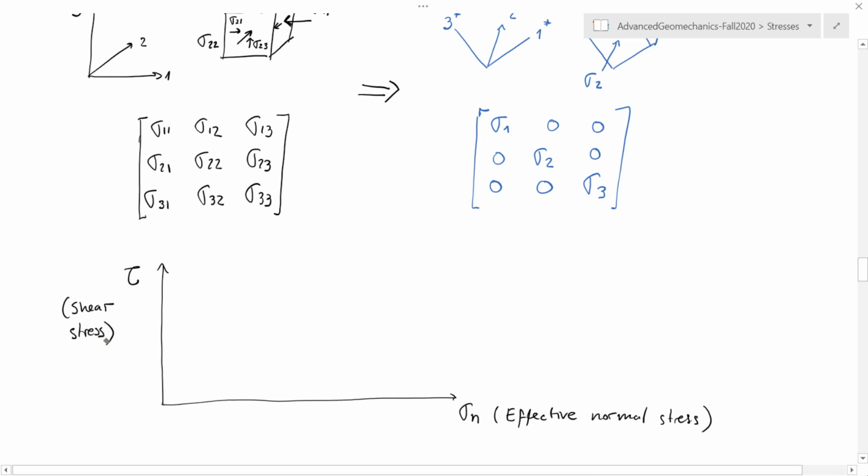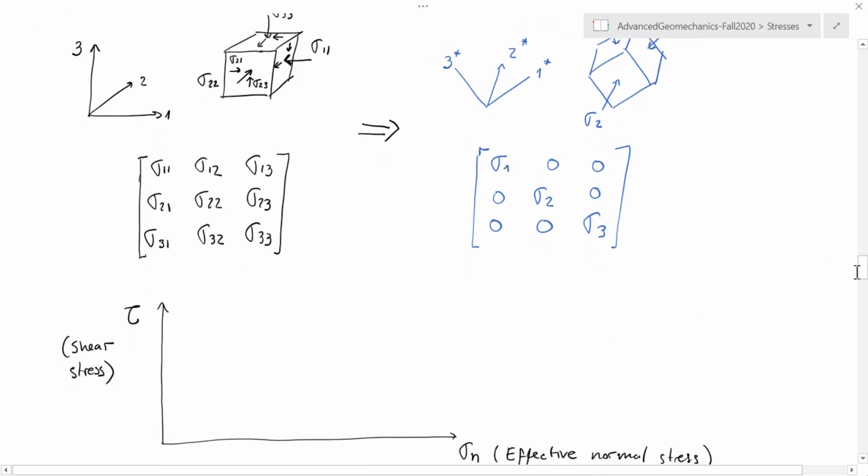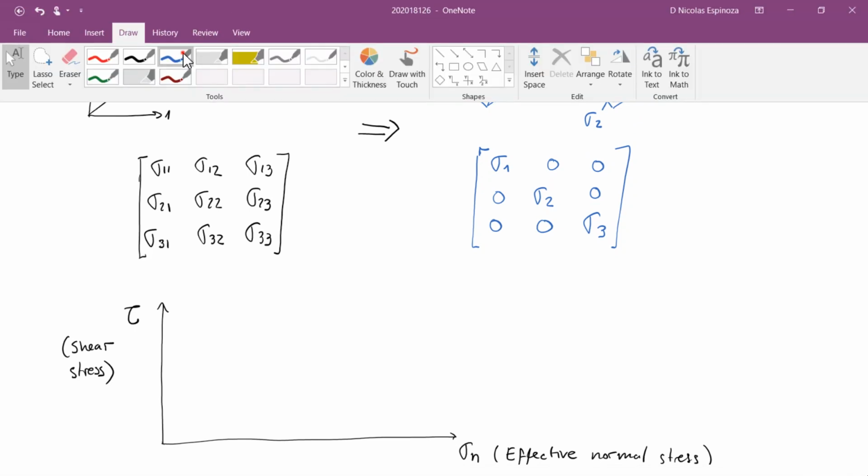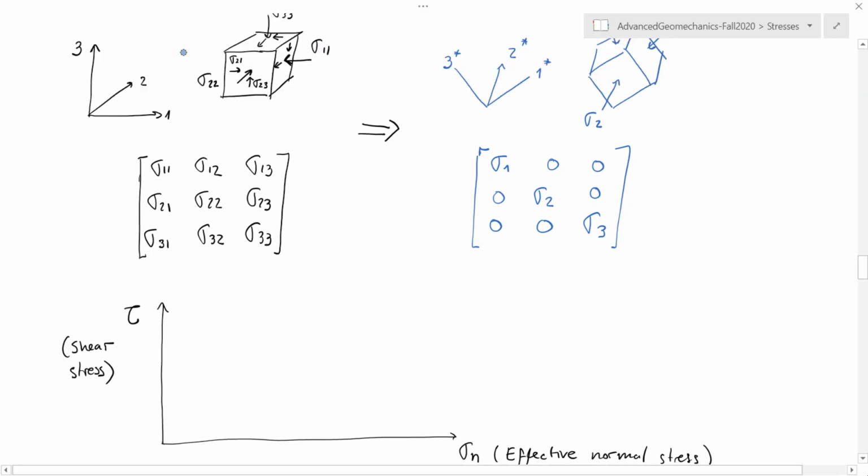This effective normal stress and shear stress correspond to the stress on a given plane at a particular point.